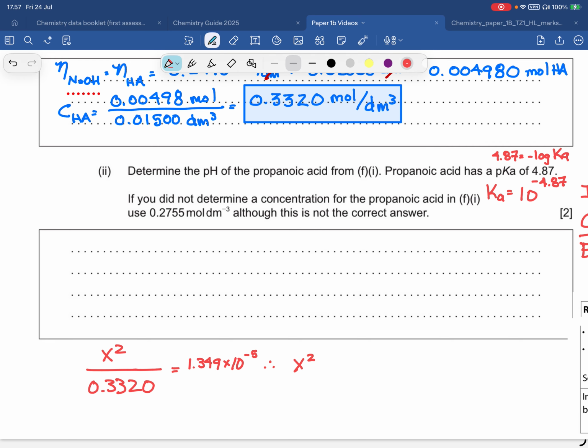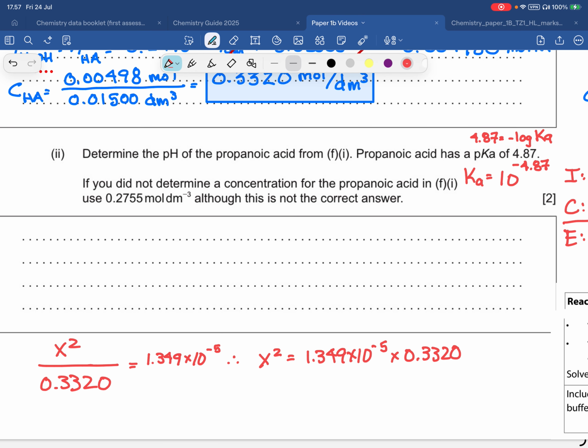X is equal to 1.349 times 10 to the negative 5th times 0.3320. But it's x squared, right? So if I take the square root of both sides, then I end up with the square root of that is equal to the square root of that. So I end up with x is equal to, right?